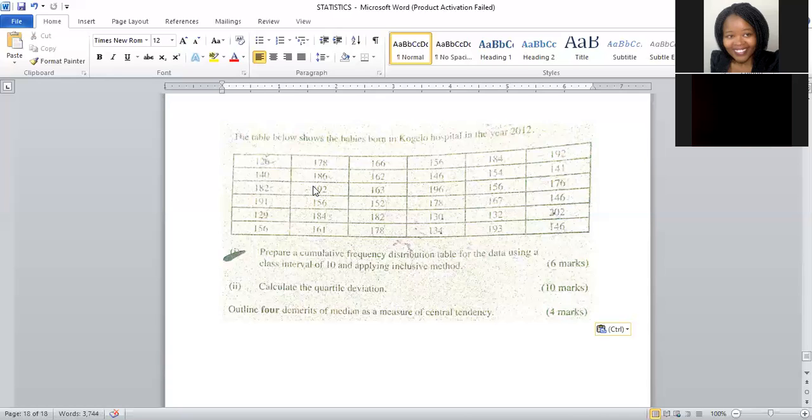Then the next class is 136 to 145. Then let's say, for example, the frequency is 5. So on the cumulative frequency column, the first one will be 3 for the first class. Then the second one will be 3 plus 5, which is 8. So that is something that I need to explain well for you to understand, Firdosa.